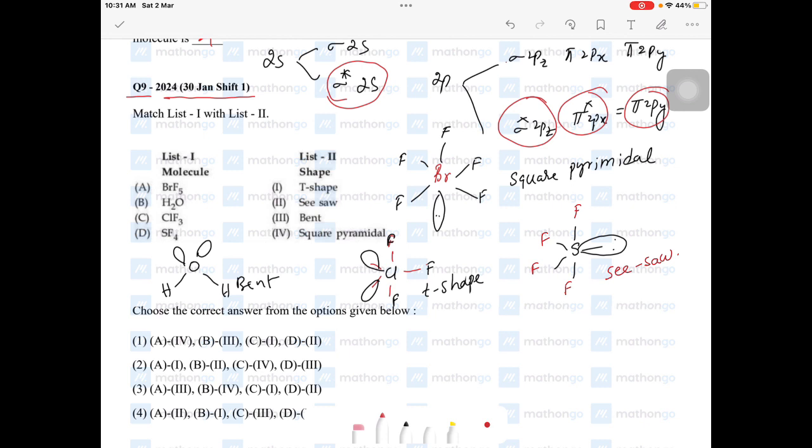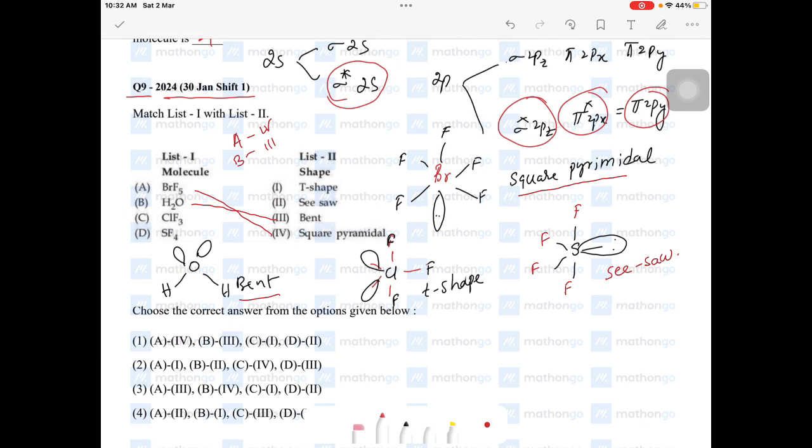Now match this. BrF5 square pyramidal, A4. Next, H2O bent shape, B3.